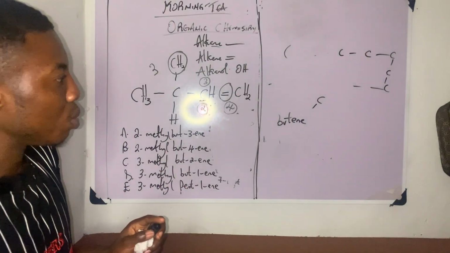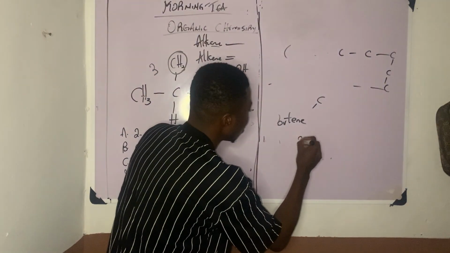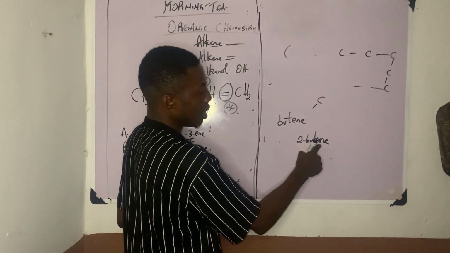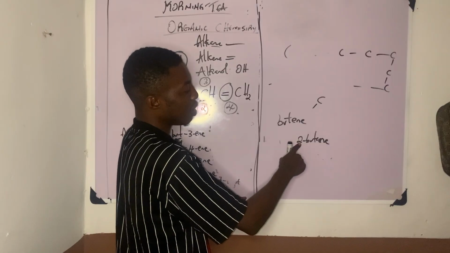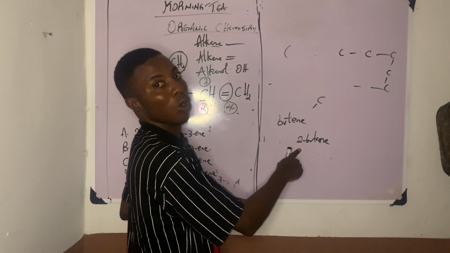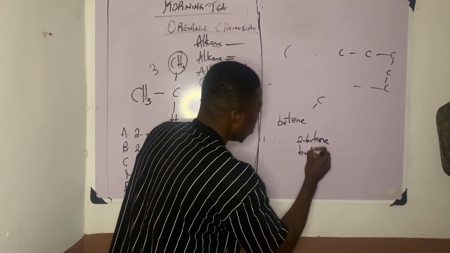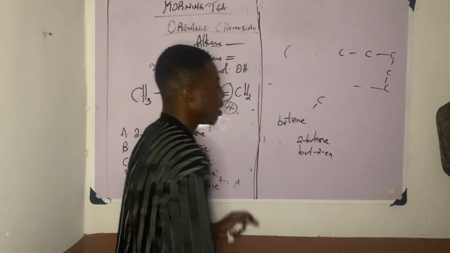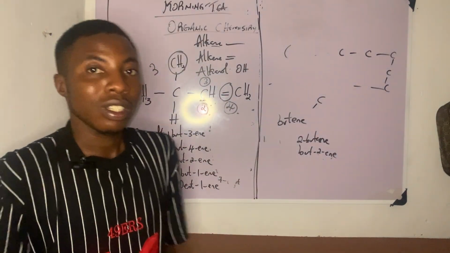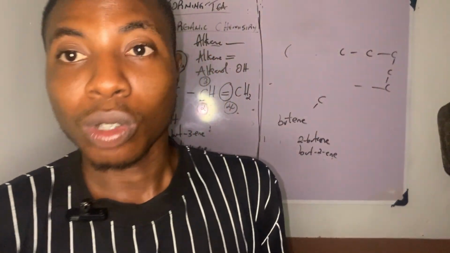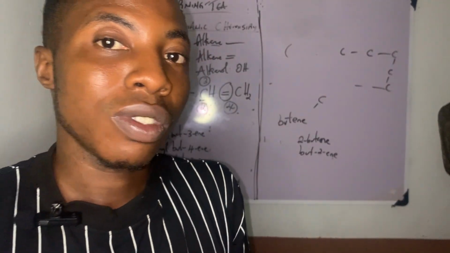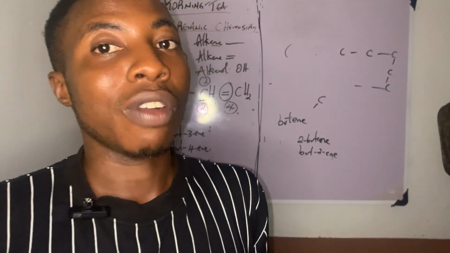So having number 2, you have it in mind that you can name this as 2-butene. This 2-butene means that the functional group was found at number 2 carbon, or we can call this but-2-ene. Whichever one you use, whether it's 2-butene or but-2-ene, you're correct. So that is the first. Remember the first step: count the longest continuous chain, which we have actually done.